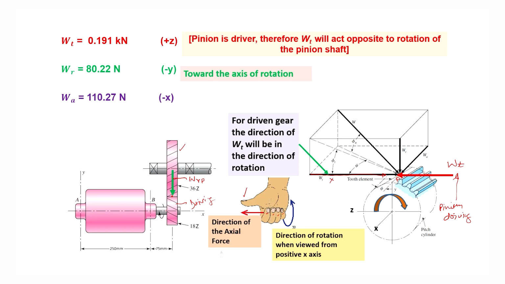So, in our case, the shaft of the pinion is rotating in a clockwise direction, the direction shown by these fingers, and so the axial force on the pinion will act in this direction. This is the negative x direction for the case of pinion shaft, and so the axial force will act in the negative x direction. Now, knowing the forces which are acting at this pitch point for the case of pinion, we can draw the free body diagram of the pinion shaft A, B and this one. This is the axial force direction.